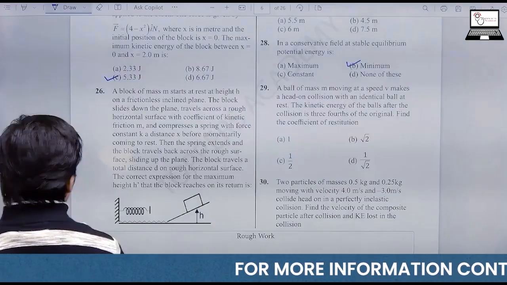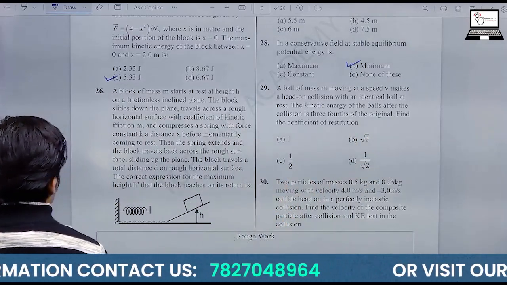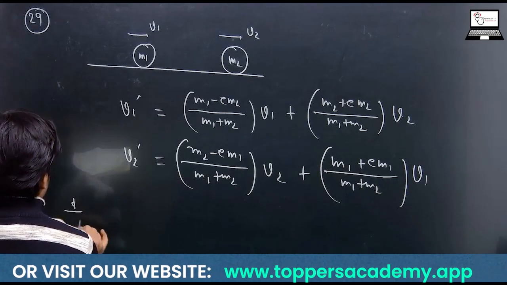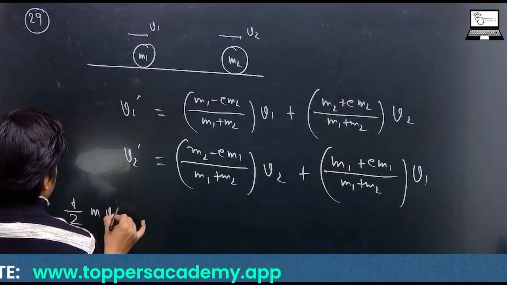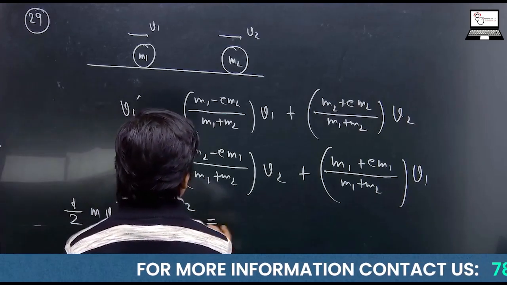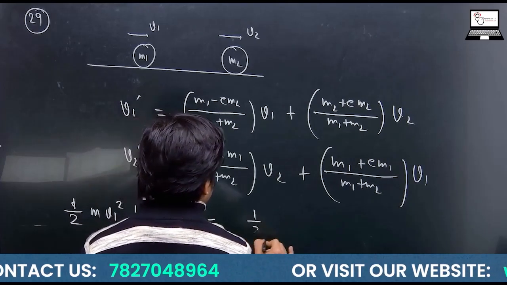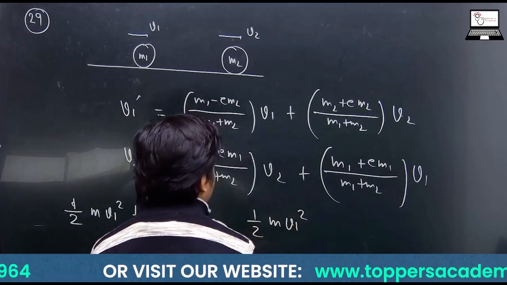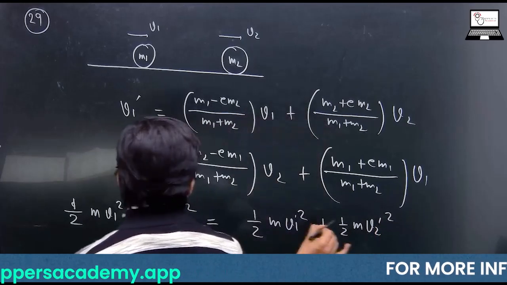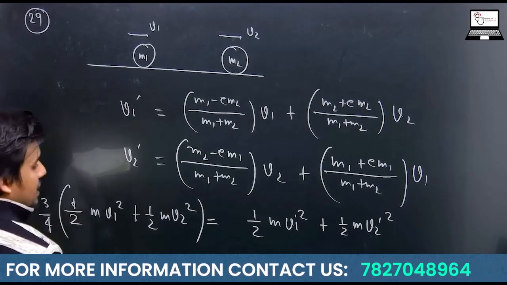Also, because the kinetic energy of the balls after the collision is 3/4 of the original, you can use that 1/2 m v1 square plus 1/2 m v2 square is the initial kinetic energy, and the kinetic energy after the collision, 1/2 m v1 prime square plus 1/2 m v2 prime square, is 3/4 of the initial kinetic energy.